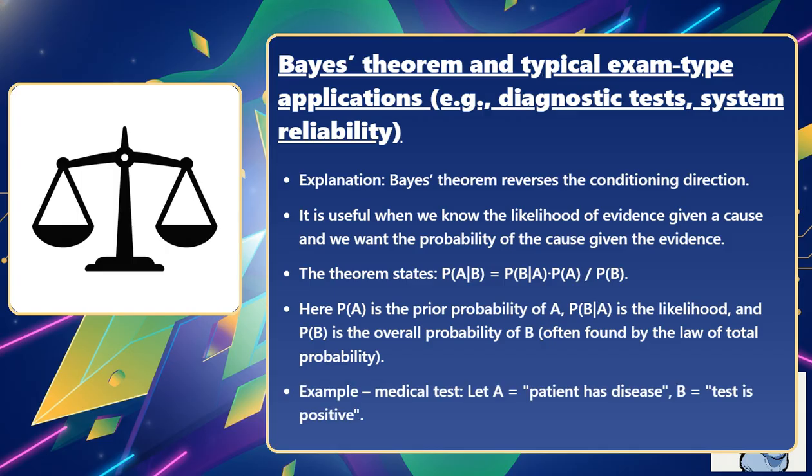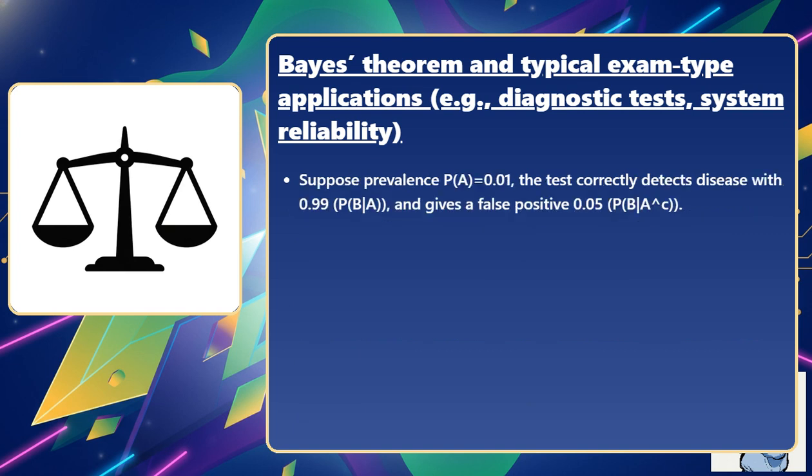Example, medical test. Let A equal patient has disease, B equal test is positive. Suppose prevalence P(A) equals 0.01, the test correctly detects disease with 0.99, P(B given A), and gives a false positive 0.05, P(B given A complement).